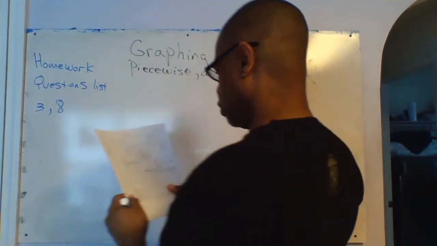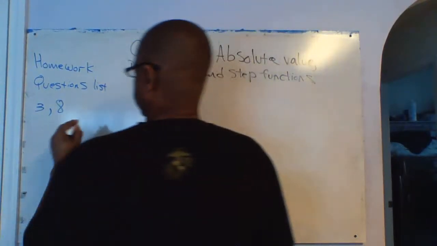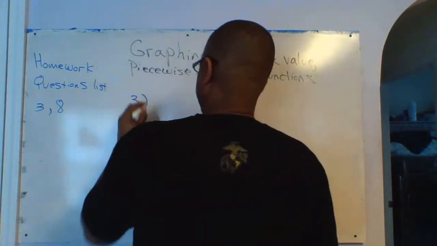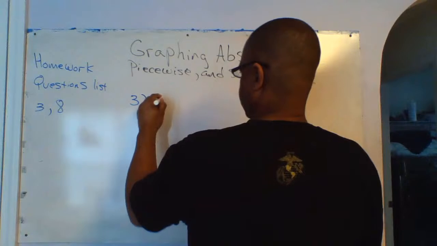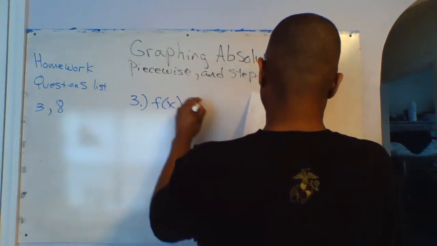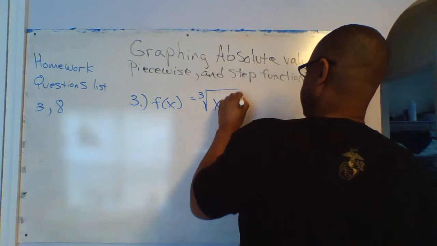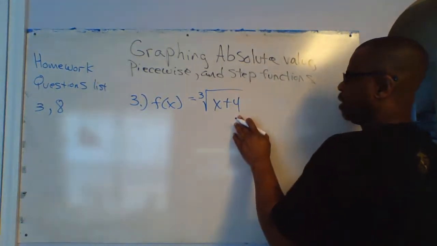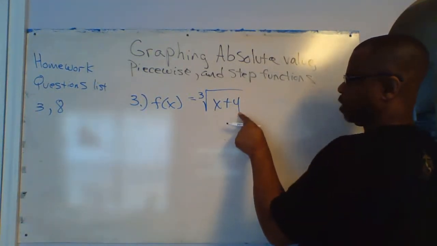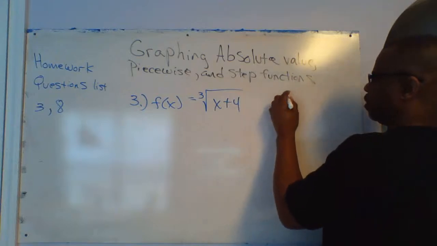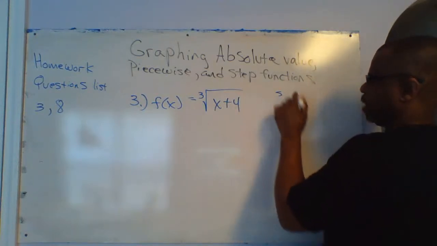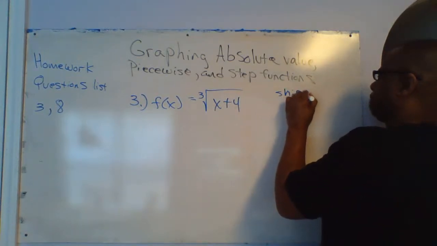So if we look at number 3, you have f of x is equal to the third root of x plus 4. Basically, this is going to be your shift. If you want to see what your shift is going to be, in the x direction.